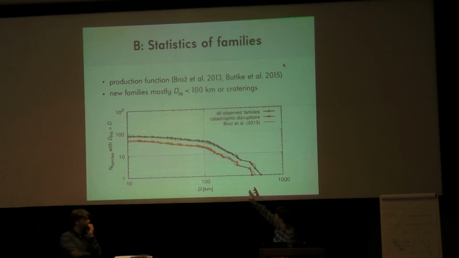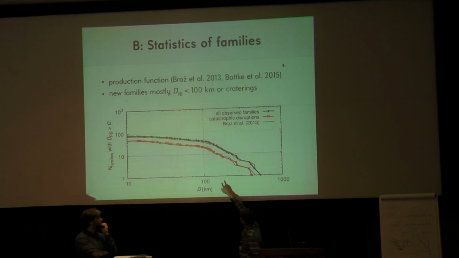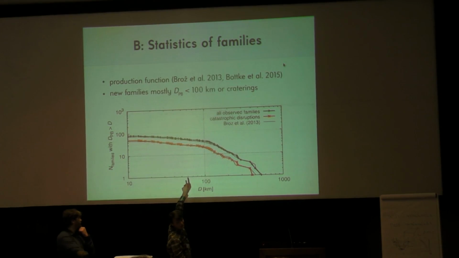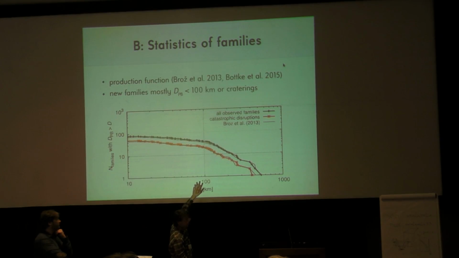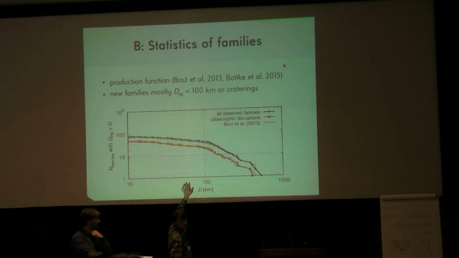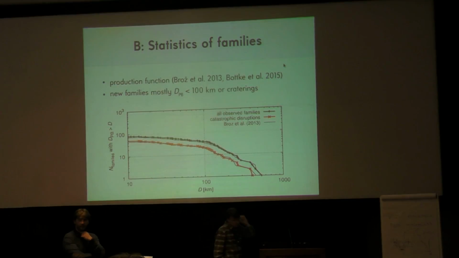If you look at the production curve, at this point, in the middle, it's still increasing. Okay, so we think that the completeness is, of course, not 100% below 100 kilometers, but we should see something.